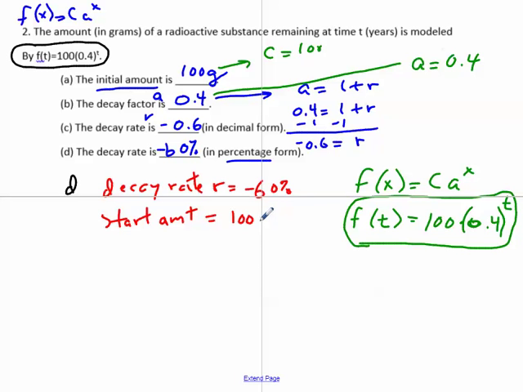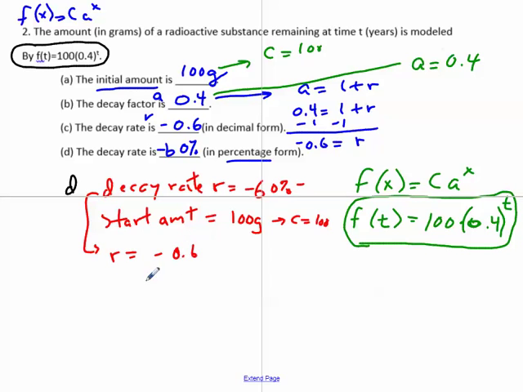My c equals 100. If I was given a decay rate of negative 60%, I'd have to say that means my r equals negative 0.6.